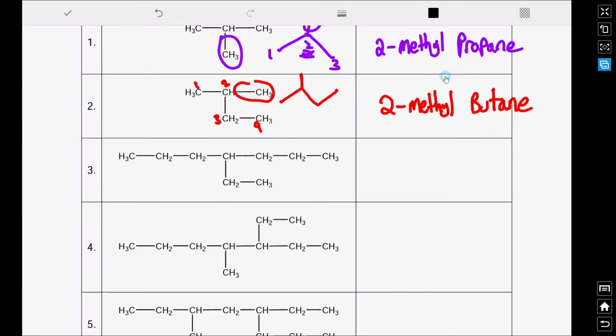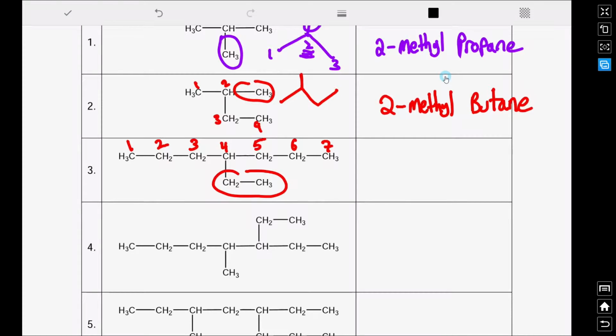This next one is kind of long, so let me start numbering the carbons. 1, 2, 3, 4. I could go 5, 6, but I think if I go 5, 6, 7, that results in a longer chain. So this will be 4, 5, 6, 7. And then this ends up being what my carbon branch is.